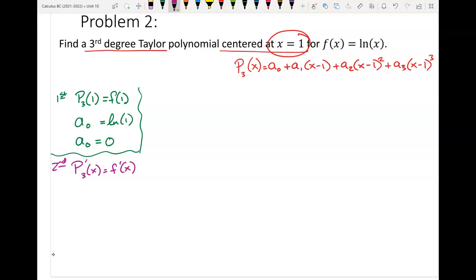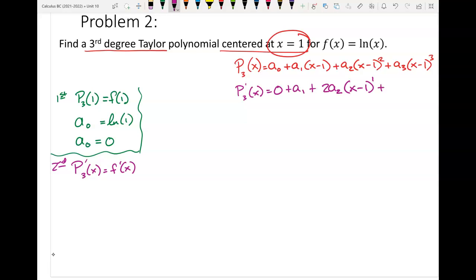So first derivative of the polynomial: the constant goes to 0. This would just be equal to a sub 1 because the derivative of x is just 1. This would be equal to 2a sub 2, and I would have the x minus 1 to the first power.